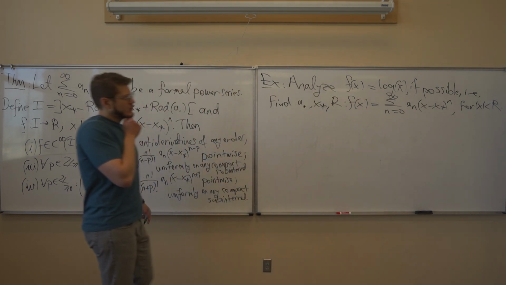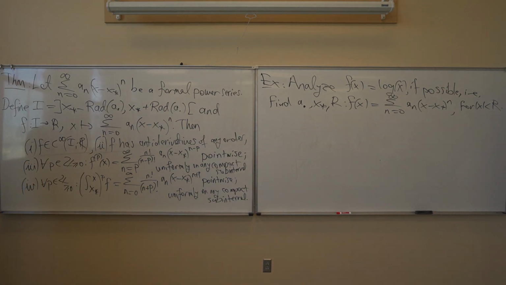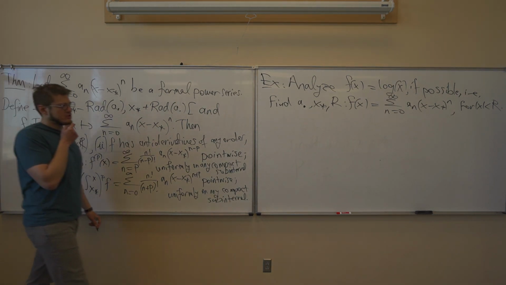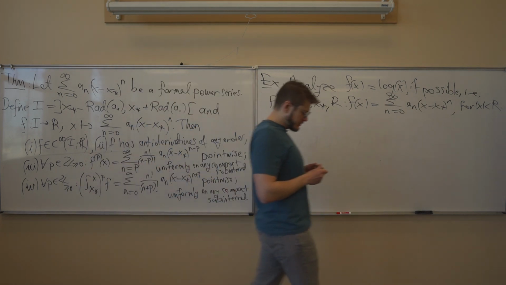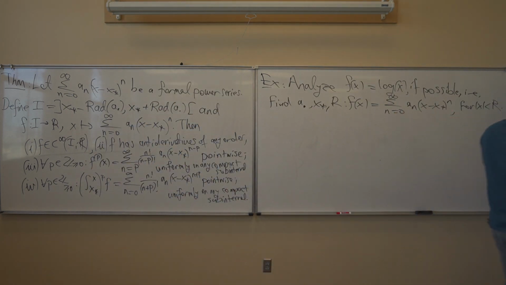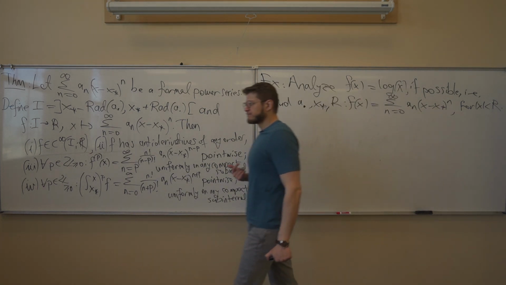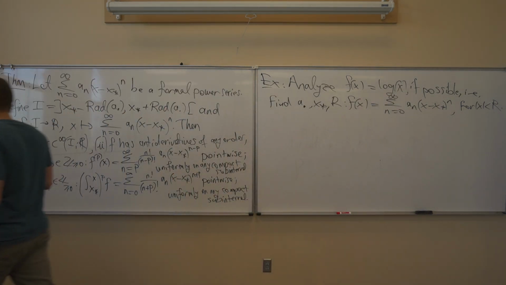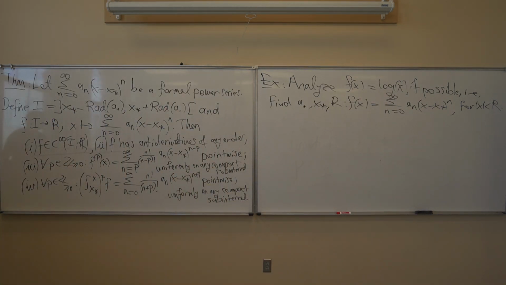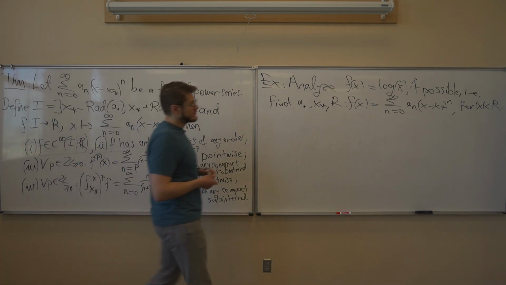So let's do the following. I'm going to try to make f related somehow to pretty much the only series that I know converges, that I have a lot of control over, which is the geometric series. Okay, so how can I get something like 1 over 1 minus x out of log? And I get to differentiate and integrate too.